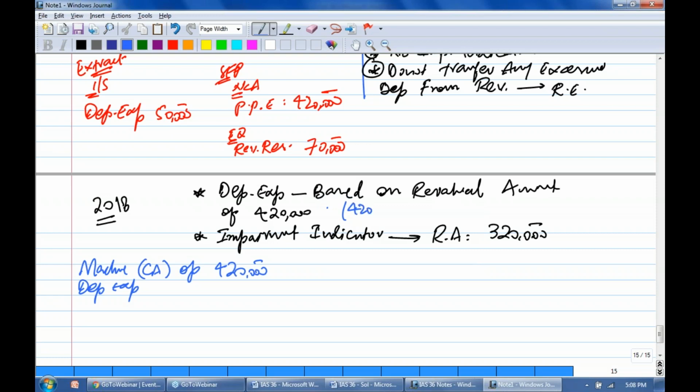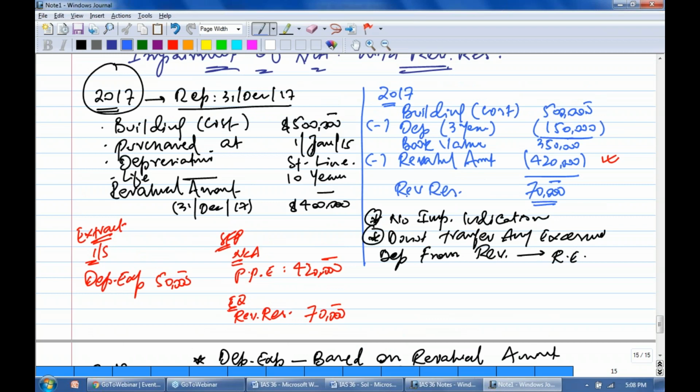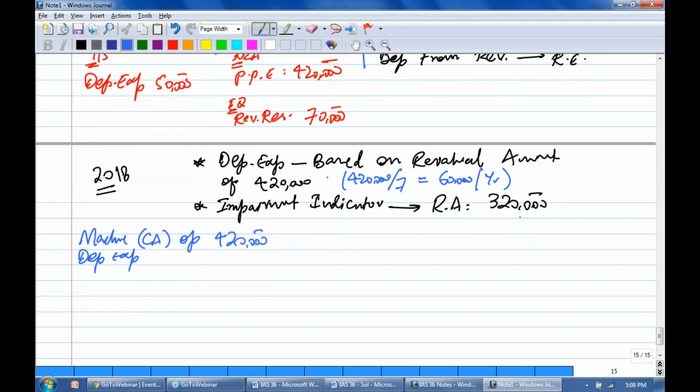That is 420,000 divided by, at that point, 2017, that is 15, 16 and 17, divided by 7. 420 divided by 7, that is 60,000 per year. So that is 60,000.